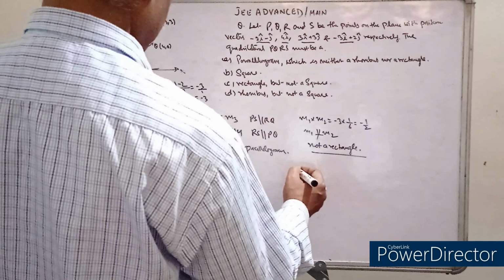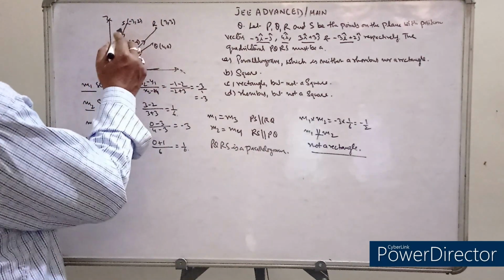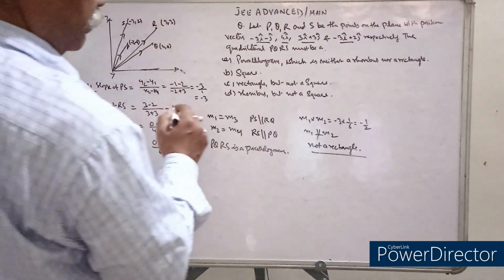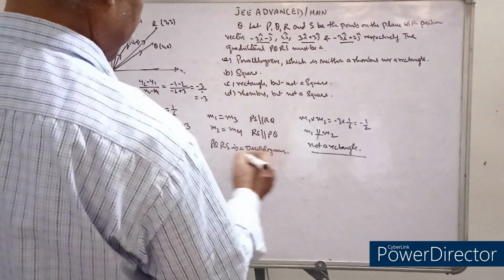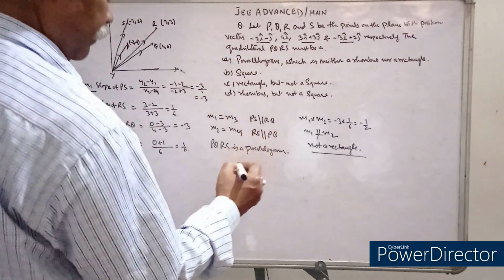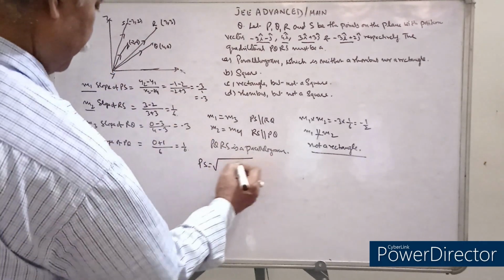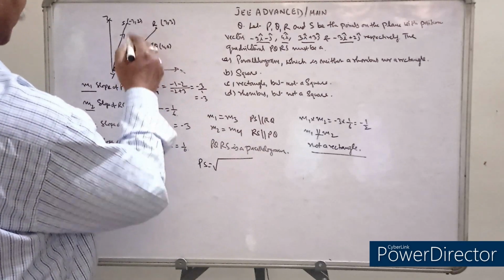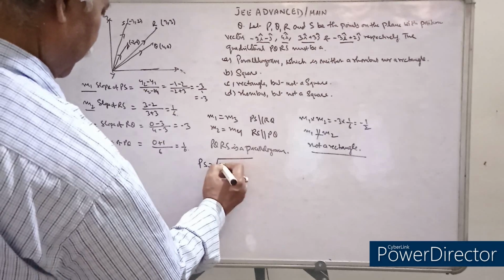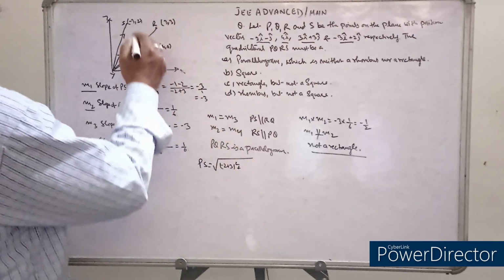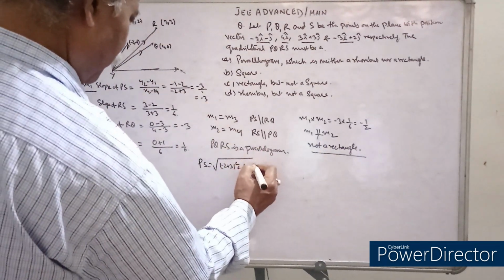let us see the distance between PS and SR. Your PS distance will be root over x2 minus x1 the whole square, minus 2 minus minus 3 the whole square, plus y2 minus y1, that is minus 1 minus 2, the whole square.